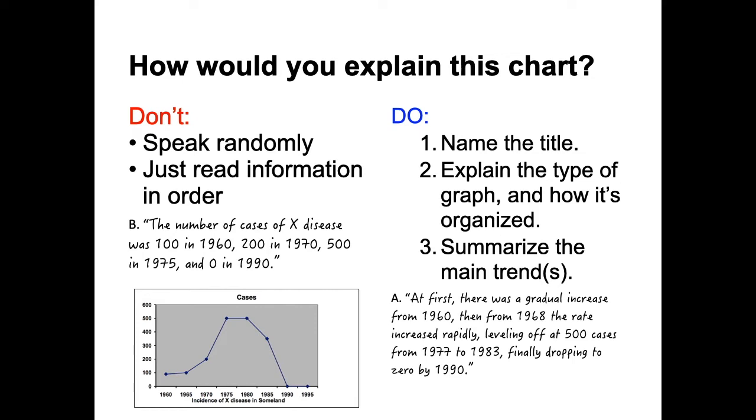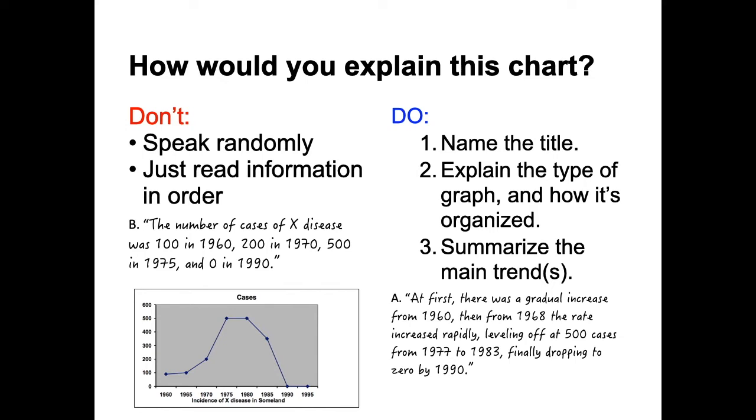All right, let's start. First, the name of this line graph is Incidence of X Disease in Some Land. It's a line graph, and on the x-axis are a series of years from 1960 to 1995, and on the y-axis is the number of cases from 0 to 600.